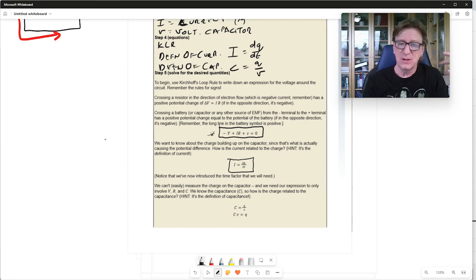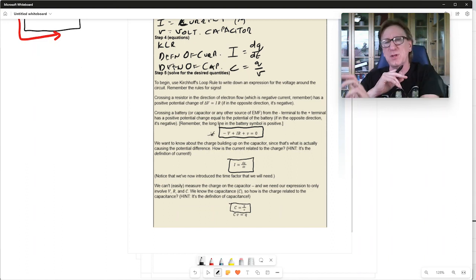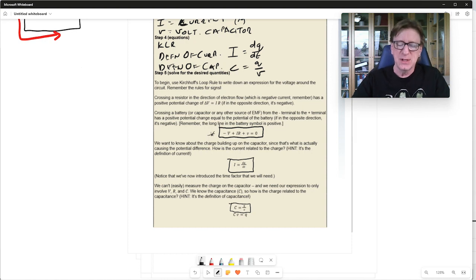So here is our definition that we've decided we were going to use, and I'm going to solve that for charge so that I can get rid of it. That's a good rule of thumb. Anytime you need to get rid of something, take an equation and solve for it. And then when you plug in for it, of course, it'll be gone. So we've got this expression right here where Q is equal to the capacitance times that little v, which is going to be the voltage across the capacitor.